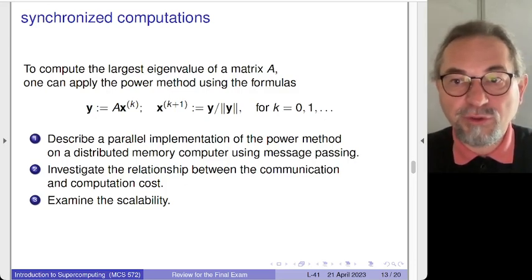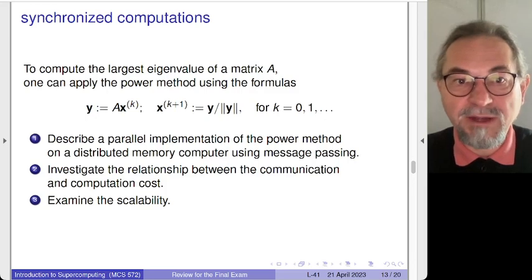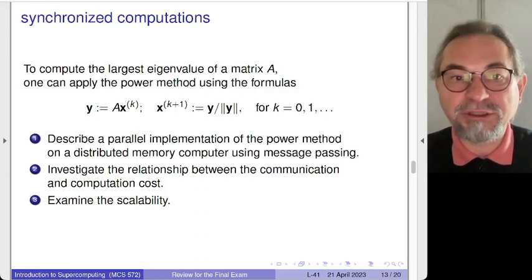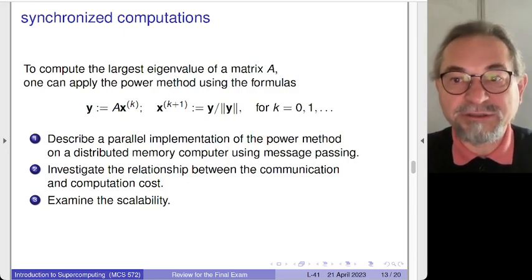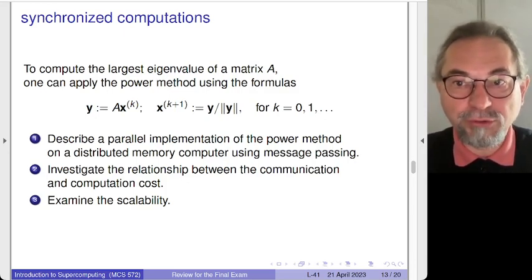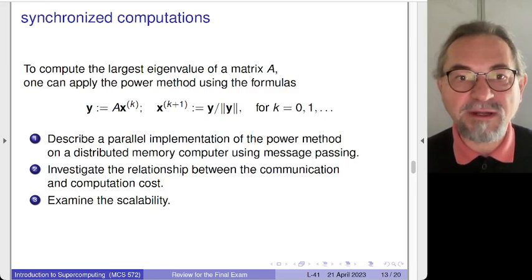In the course we considered the method of Jacobi and the method of Gauss-Seidel as two of the main examples of applications in linear algebra where synchronization is necessary. So you have a stop condition. The same happens with the computation of the largest eigenvalue of a matrix, the largest in modulus, as you could have complex eigenvalues.